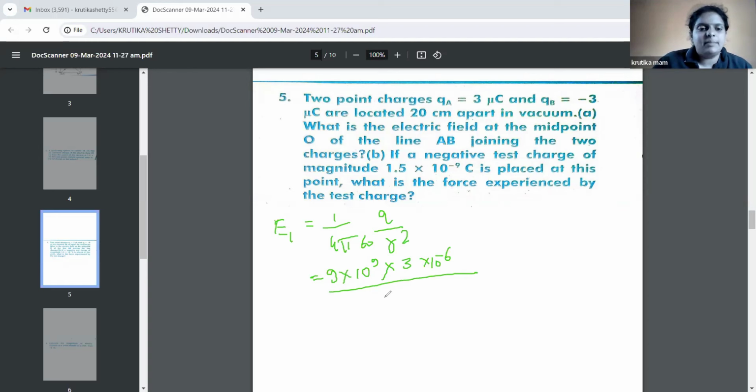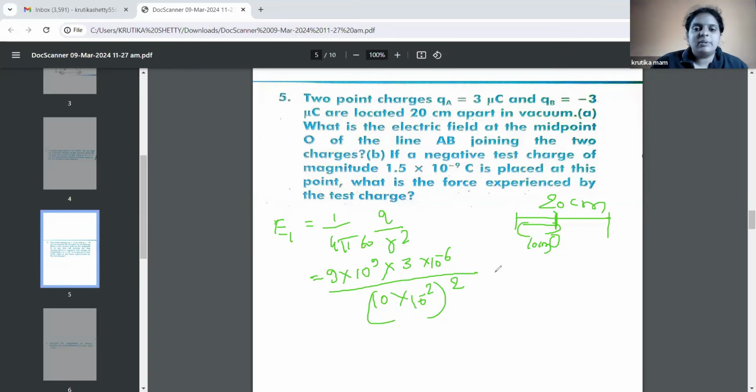So 20 centimeter means 20 into 10 raised to minus 2, but from the mid. Total distance is 20 centimeter, so this distance will be 10 centimeter. Therefore here it is 10 into 10 raised to minus 2, its whole square. Okay, you can simplify this one.